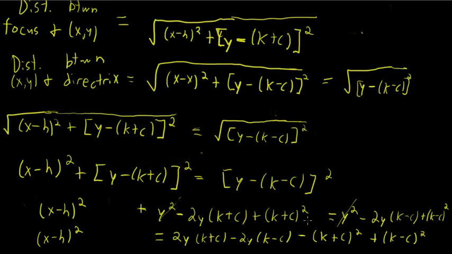Here, this term has been brought to the other side as well, so we have minus k plus c, the quantity squared, next to the existing k minus c, the quantity squared term. Kind of running out of space here, so I'm going to rewrite that in another location on the page.